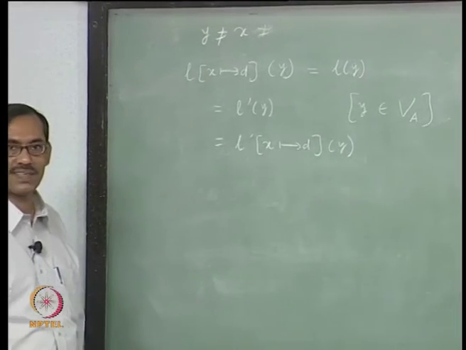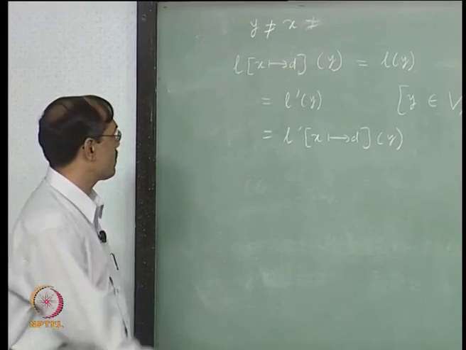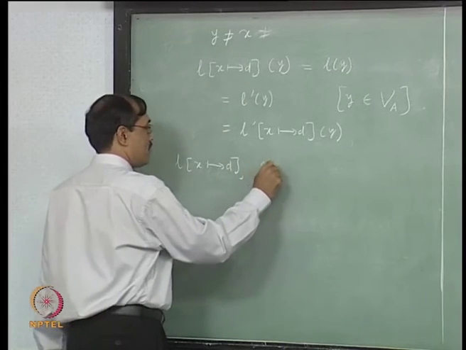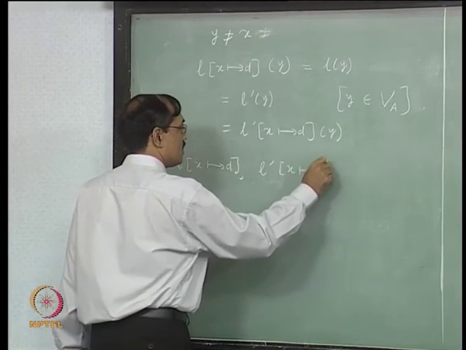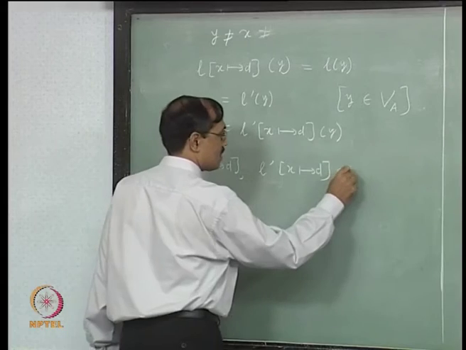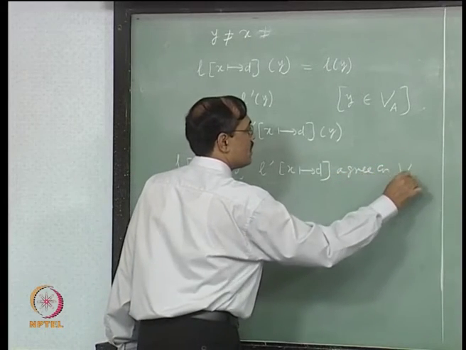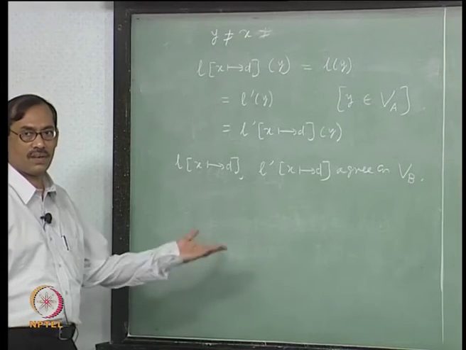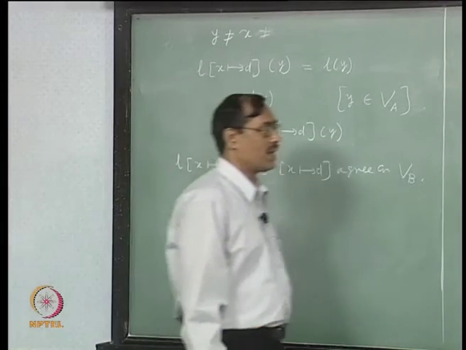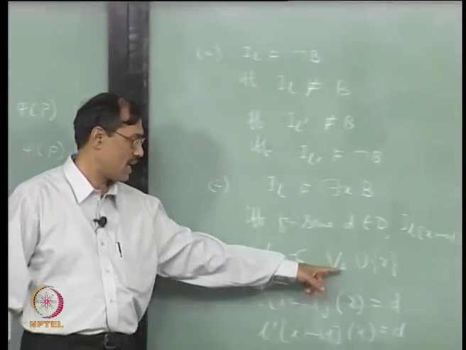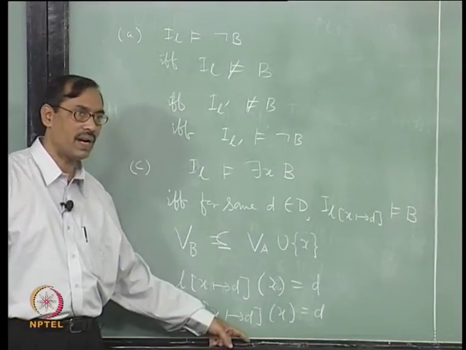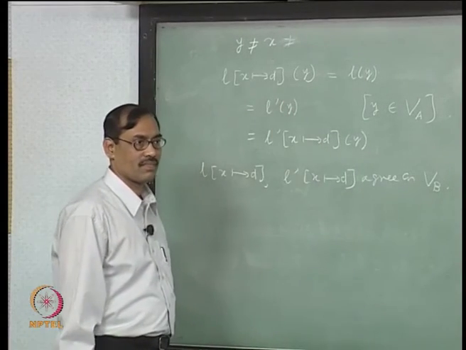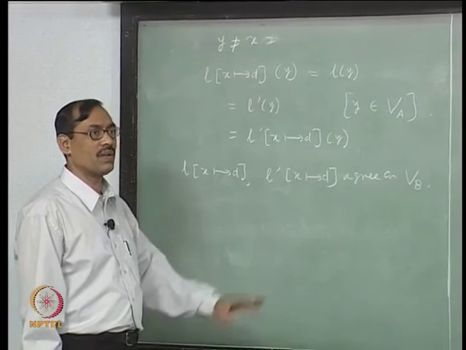only x is fixed to d, others are same, right. So, that means L x fixed to d and L prime x fixed to d, these two valuations agree on V B, right, on V B, because in V B you can have free variables from A or x, x we have verified, and free variables of A are here which are not x. Is that okay? So, these two valuations agree.